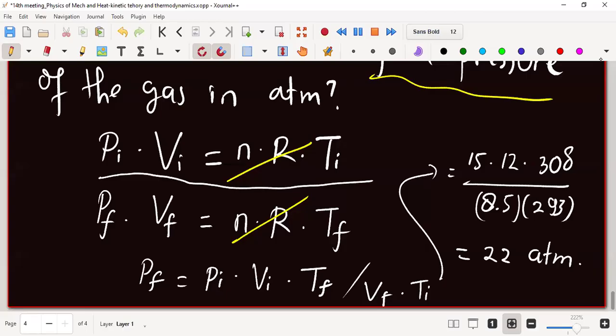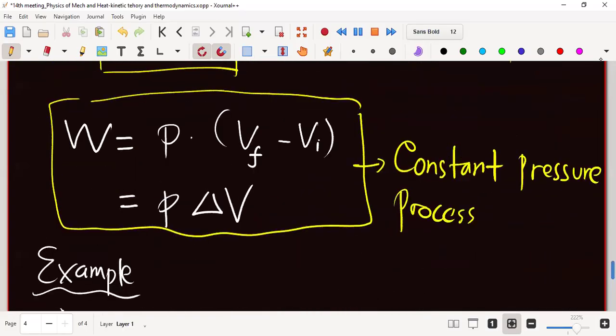Okay, any question about the work done in the isothermal process, constant volume process, and constant pressure process?